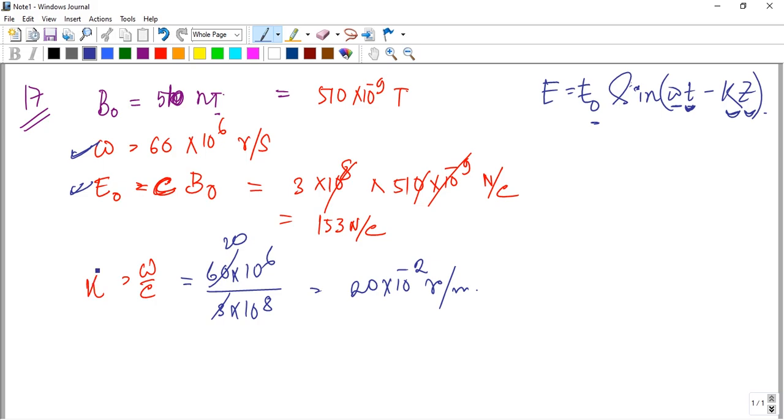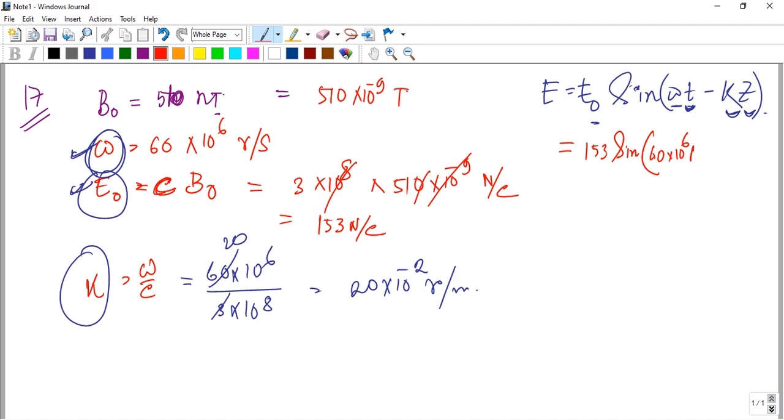Now put all of k, E naught and omega in the equation here. So we get E naught, that is 153, sine of omega, given here as 60 into 10 to the power 6, times t minus k, given as 20 into 10 to the power minus 2.